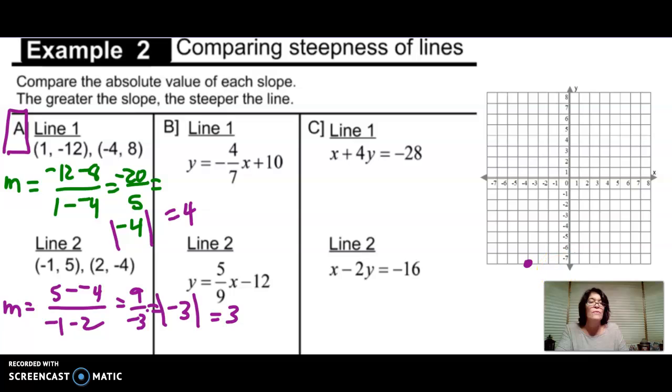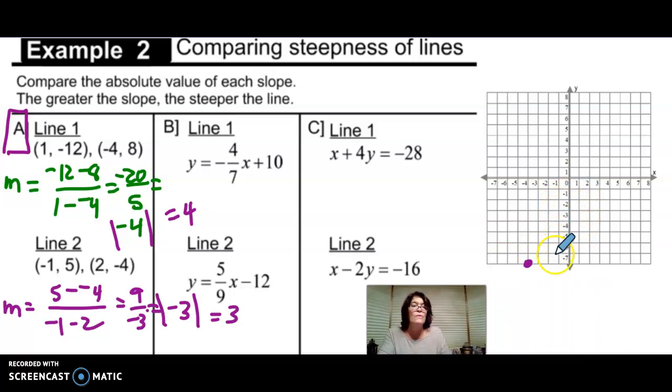Then I take this other slope that goes through -1, 5, and 2, -4.